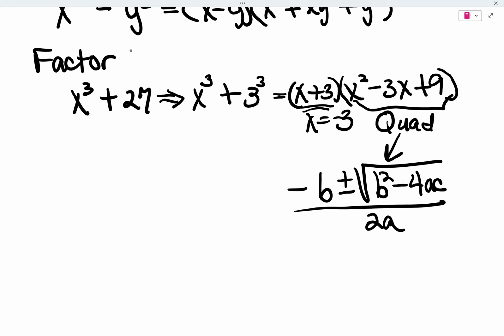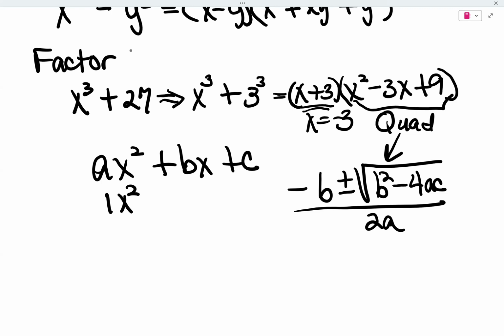And so just for the record, remember that at this point we have ax squared plus bx plus c in our formula. In our case, we're paralleling it with 1x squared minus 3x plus 9.